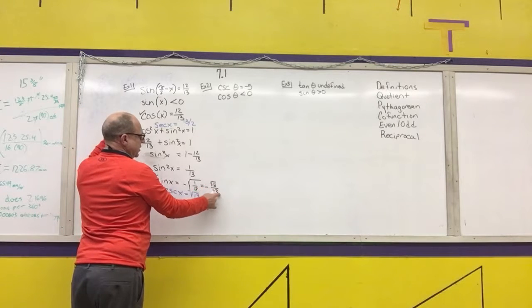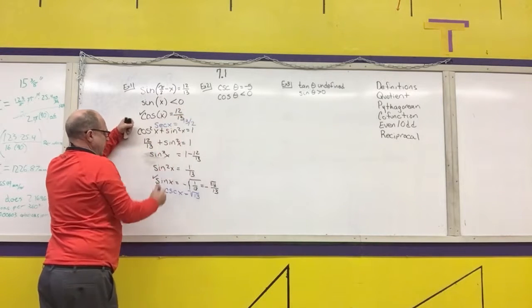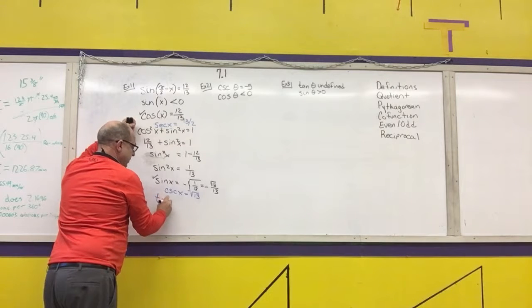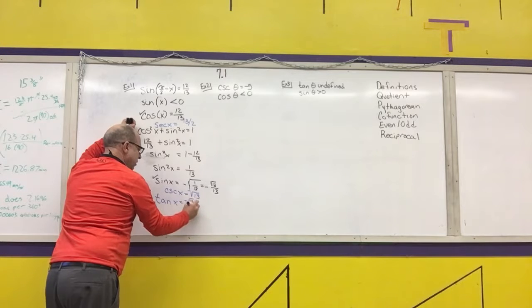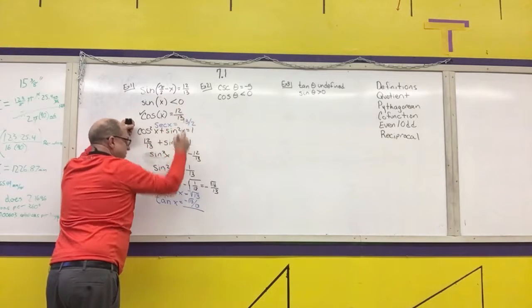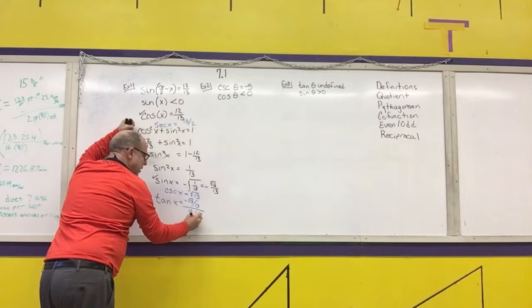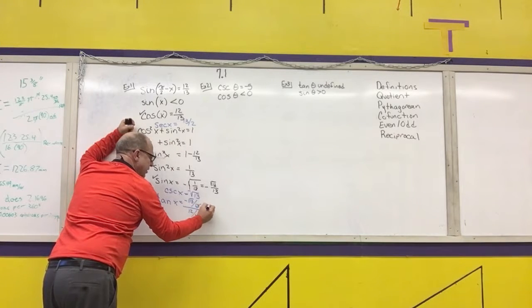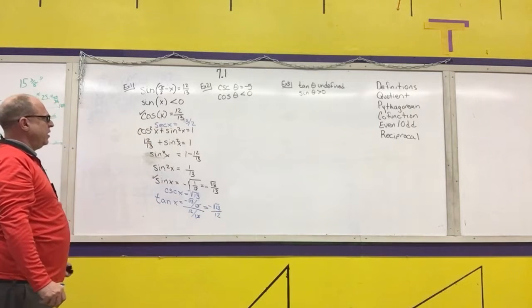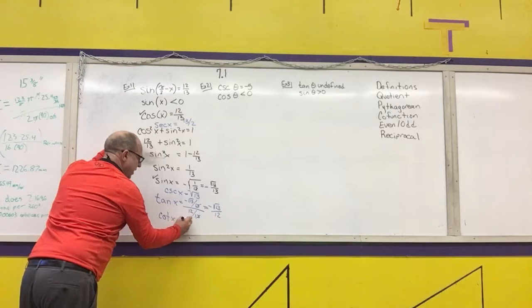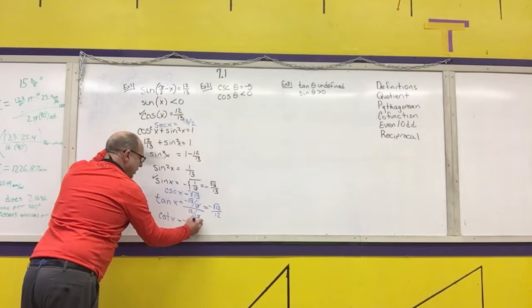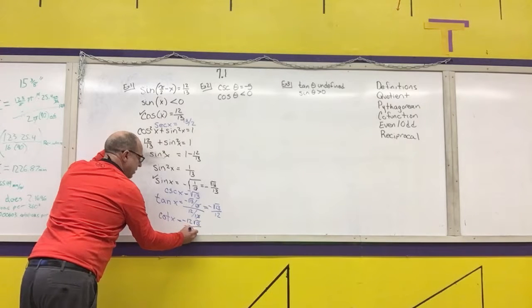So I have negative root 13 over 13 over 12 over 13. The 13s cancel, and I get tangent is negative square root of 13 twelfths. And then the final trig function is cotangent, and that is the reciprocal of this one, so that would be negative 12 root 13 over 13.